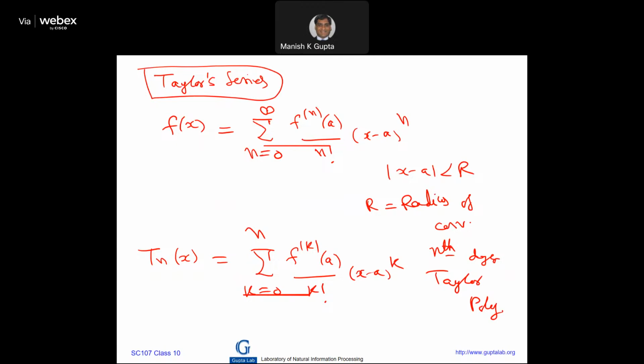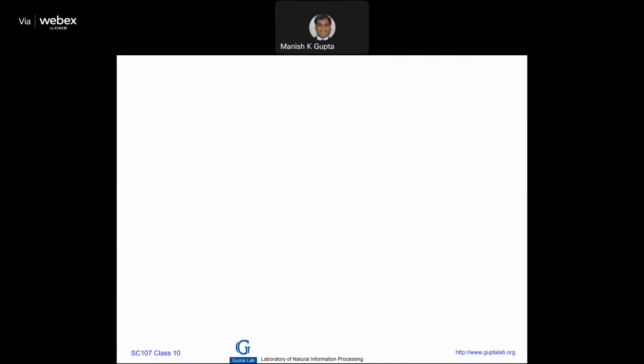Okay. So let me give you some example before proceeding further. Let us take the function f of x is equal to e raised to power x, and suppose a is equal to 0. So we know what will be T1 of x?